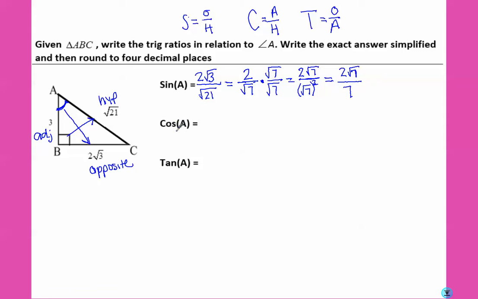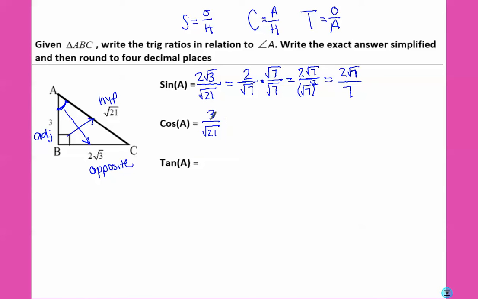Let's look at cosine. We want adjacent over hypotenuse. So 3 over the square root of 21. Now we can't simplify at the beginning this time because the top doesn't have a square root to simplify with the square root on the bottom.